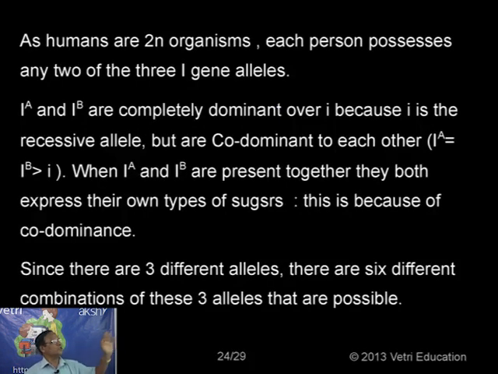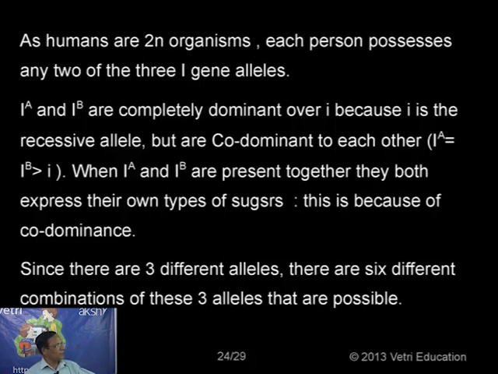So normally we have two of the three alleles in our body for controlling the blood characters. A and B are completely dominant over i, as I mentioned earlier. It is represented in the form of a formula: IA is equally dominant to IB, that is, co-dominant to each other, whereas i is recessive to both.